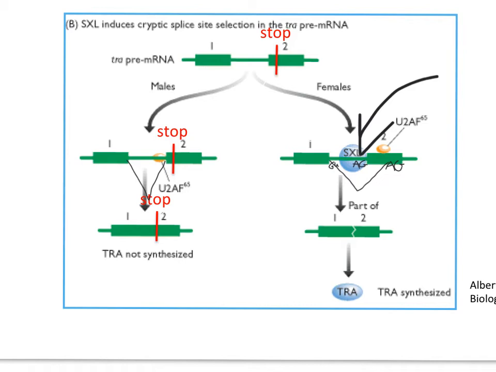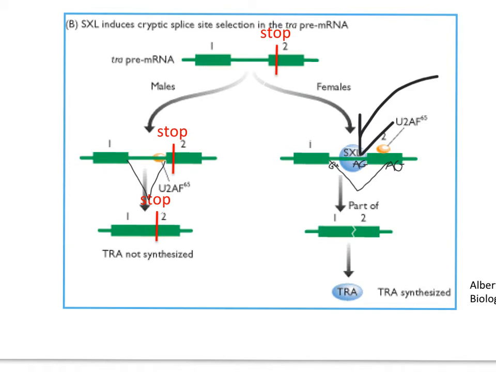So, right, splicing. Sex-lethal gets produced in females. It doesn't get produced in males because males have a premature stop codon, a mutation in one of the exons. That exon gets removed in females to produce sex-lethal. Sex-lethal prevents the retention of part of exon 2 that has that stop codon.